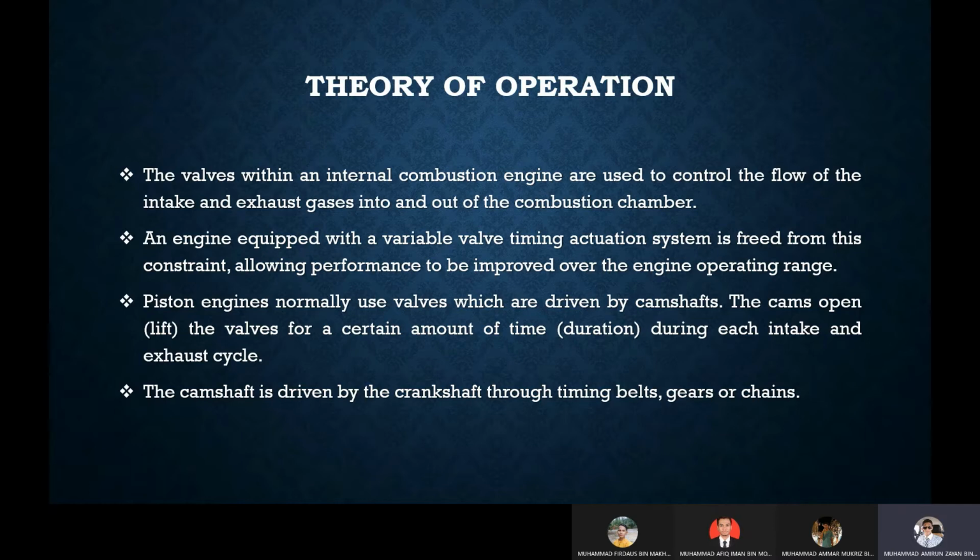The cam opens the valve for a certain amount of time during each intake and exhaust cycle. For the last point, the camshaft is driven by the crankshaft through a timing belt, gear or chain. In this era, many cars use a timing chain for ease.